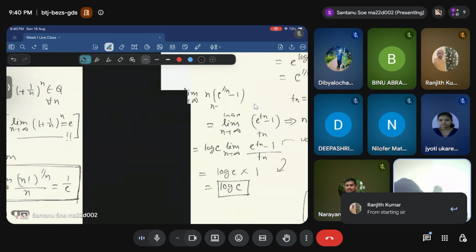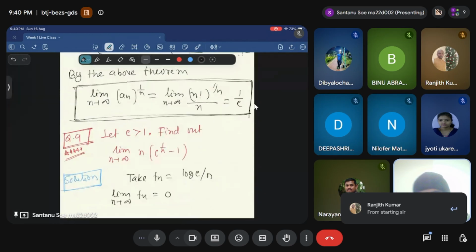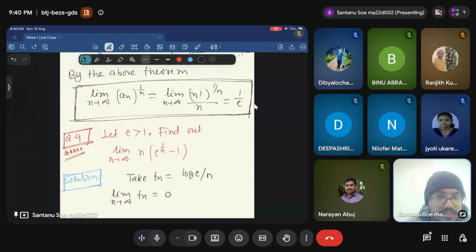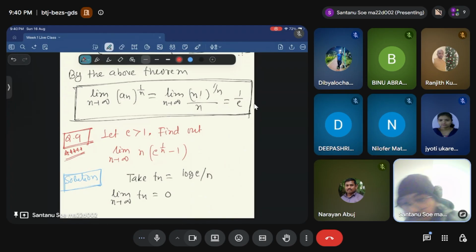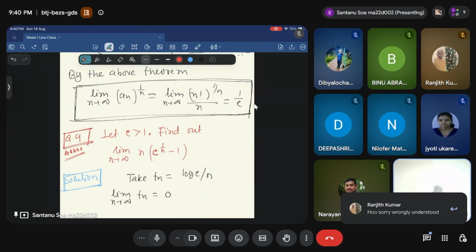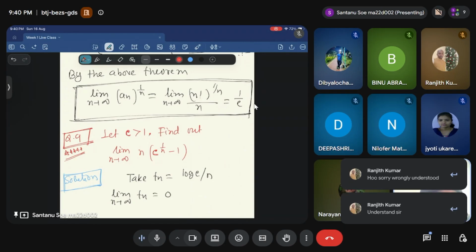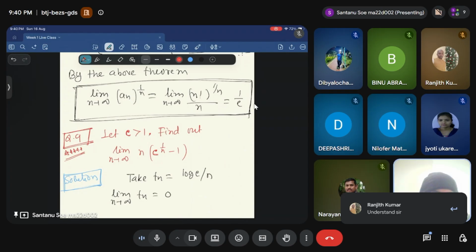From the start, how can you use that? This is not e, this is c. This is c, not e.